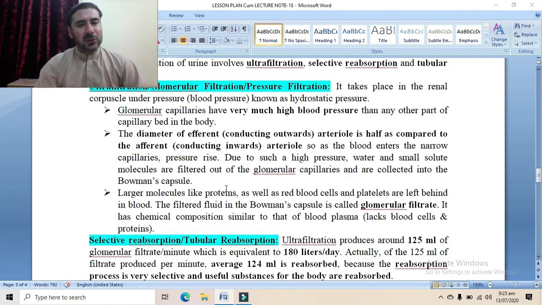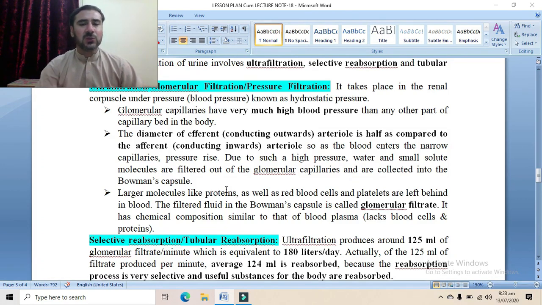The larger molecules like proteins as well as RBCs, WBCs, platelets, etc., these large molecules are left behind inside the blood because they cannot pass through the small pores of the walls of capillaries, as well as of the basement membrane, as well as of the walls of the Bowman capsule.